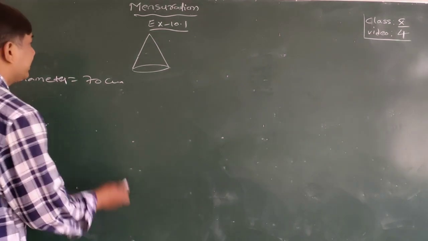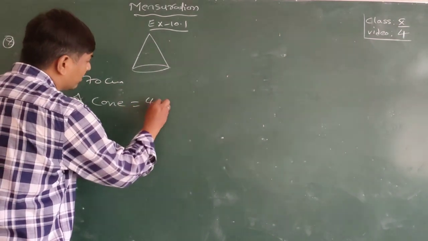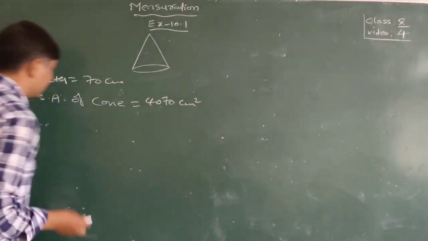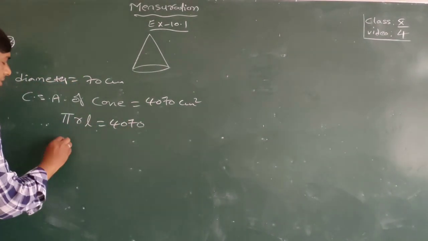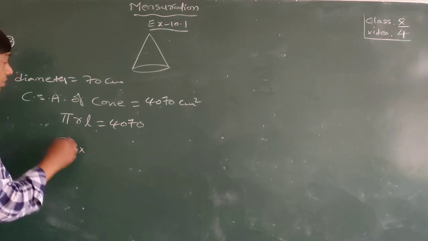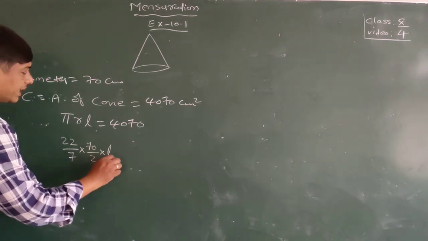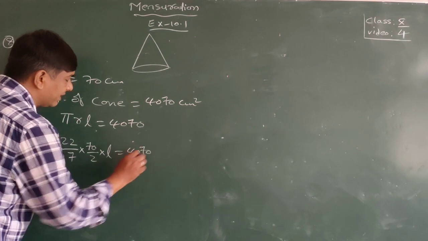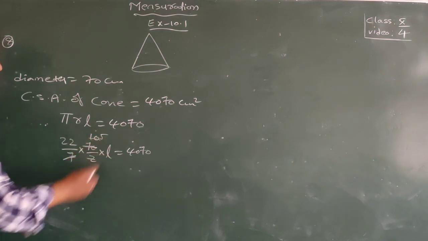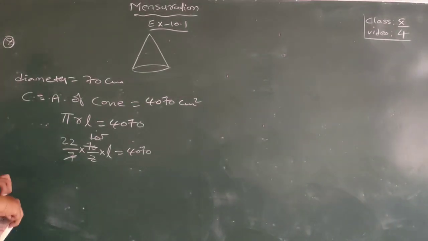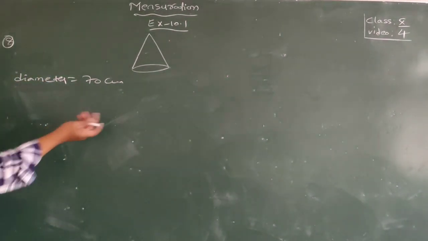Now CSA of a cone is equal to 4070 square centimeters. That is pi r l is equal to 4070. First I will find the radius.